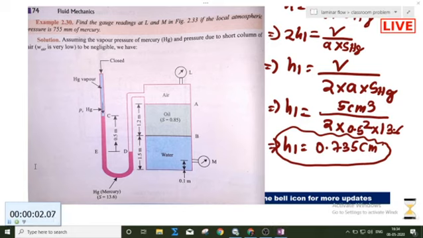Read this problem for 1 minute, then we'll go to the next problem.